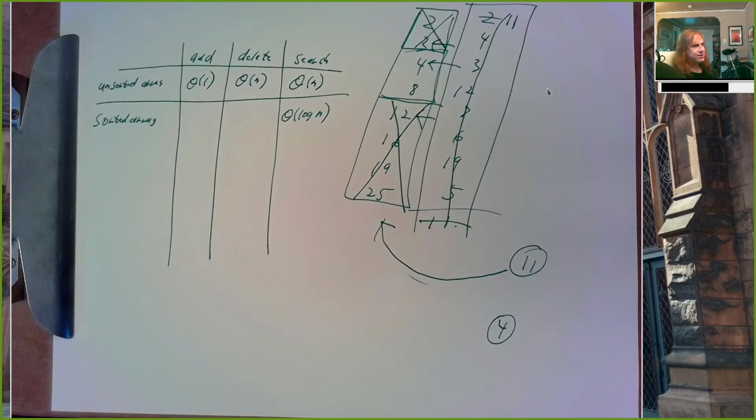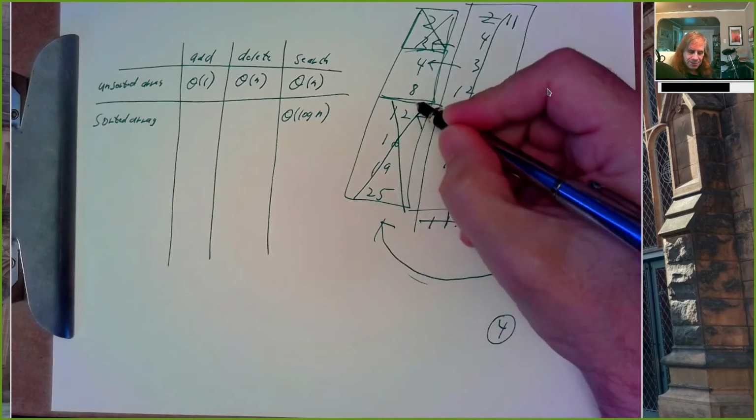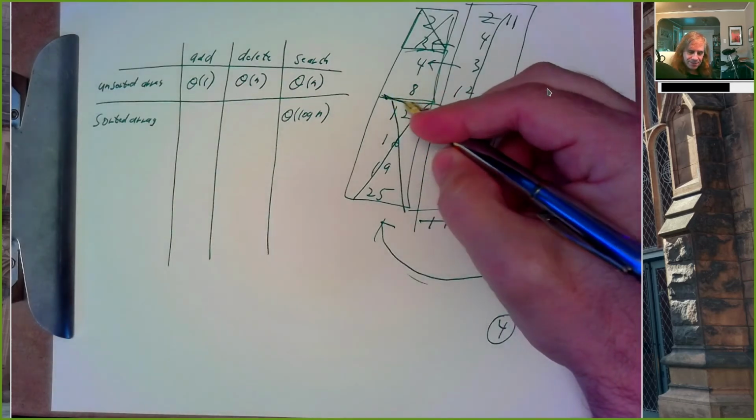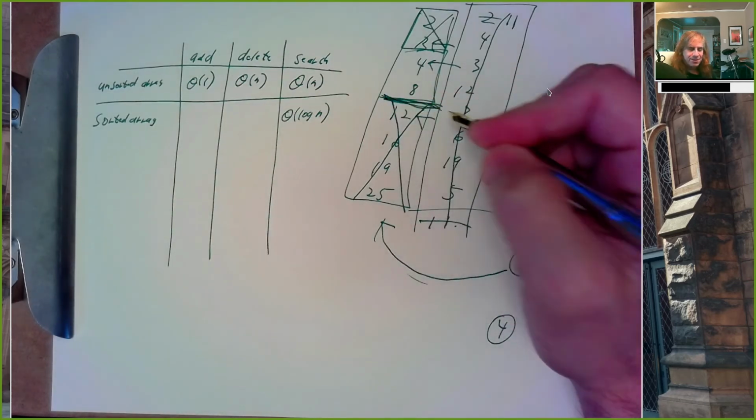So there's our array. Where does the 11 go? So we need to search to find out where it is. That's going to be a log n operation, right? And then we want to store, so we find out that the 11 should go here between the 8 and the 12. How do we put the 11 in there?